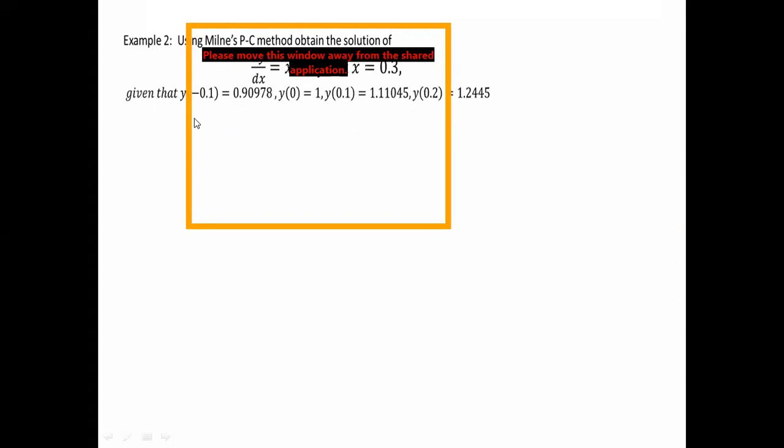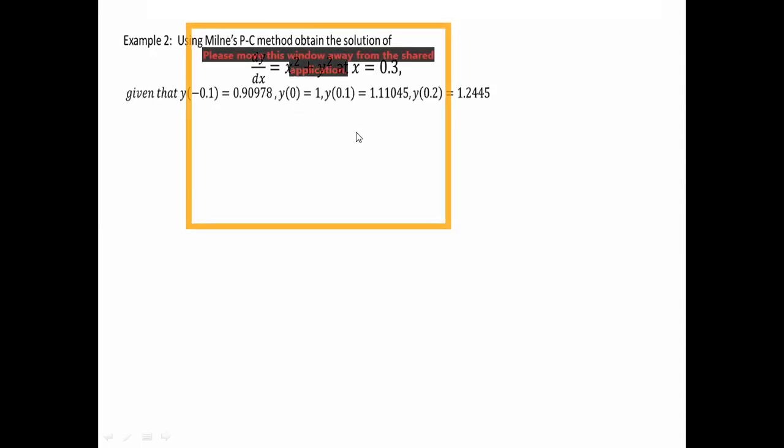But here the solution is known at 4 values only. This is x0, it is x1, x2, x3. Sometimes they give some more values, and you have to take the first 4 values in descending order. That you have to take. That's all, only 4 values are given.